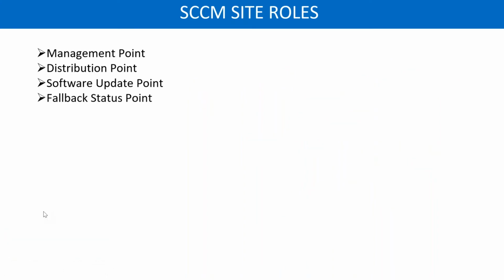Now, fallback status point. A fallback status point is basically to collect... Let's say you have your primary site here, and the primary site has a distribution point.